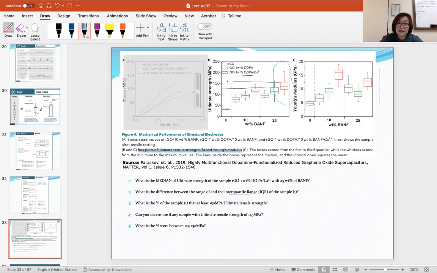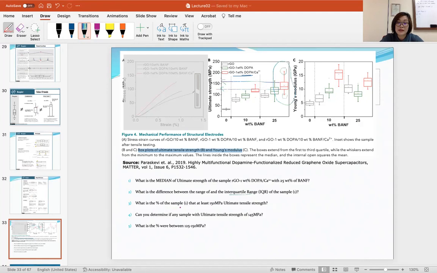The upper limit, okay, and the lower limit. Okay, so from there, you can get your IQR. Range is the maximum minus the minimum.